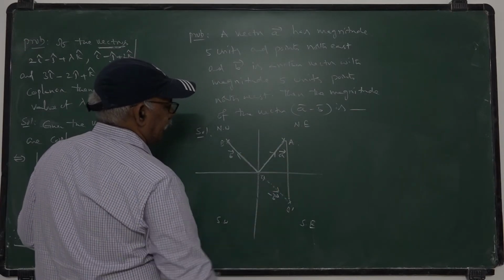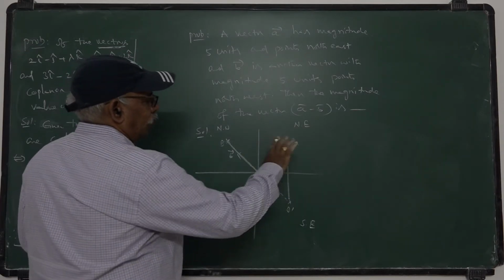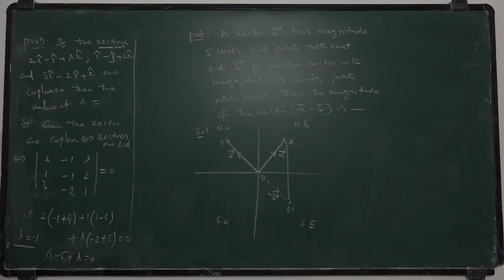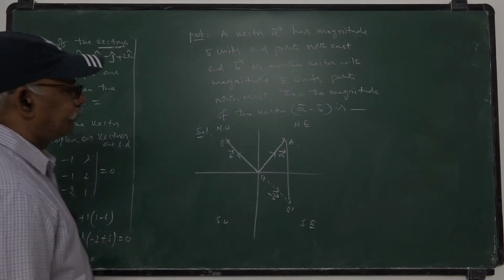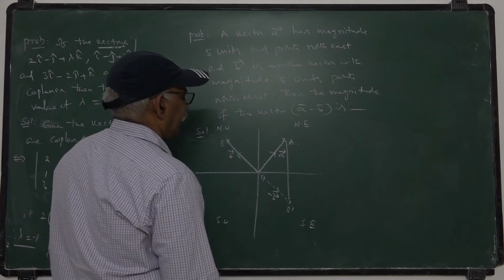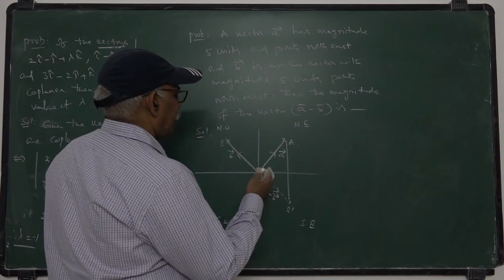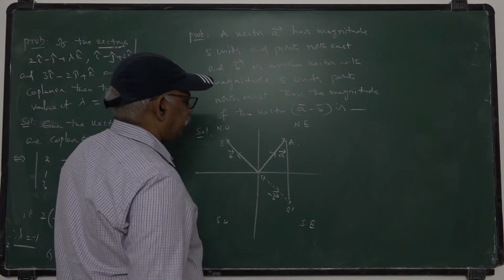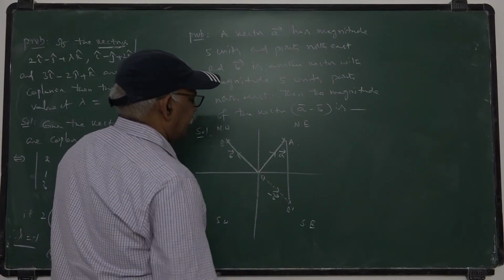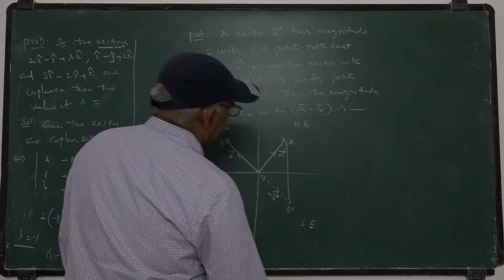So adding these two, OA bar minus OB bar, minus B bar plus B dash A dash is A bar. AB bar is OA plus AB is B bar.